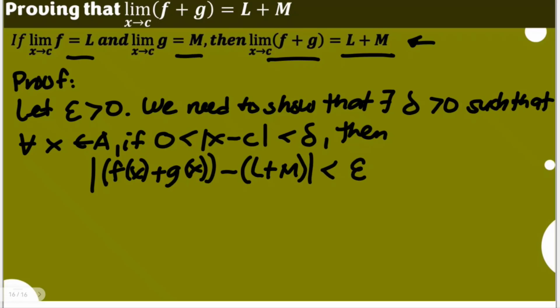So this is our intended target, but first we will be looking for an existence of a delta in order for us to capture this.